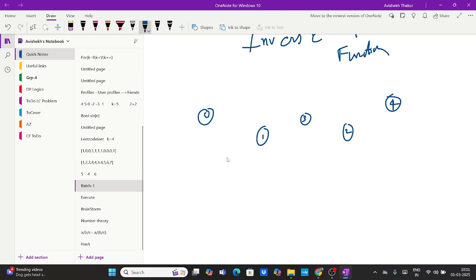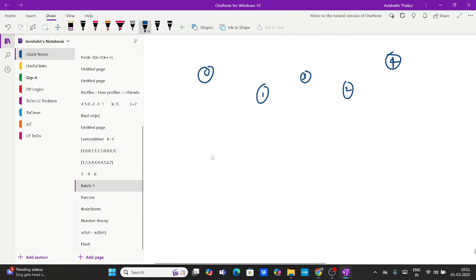Let's say I ask you to attach 1 and 3. What happens with merge of 1 and 3? Both have equal size. Since the size is 1 initially, we can attach anything.